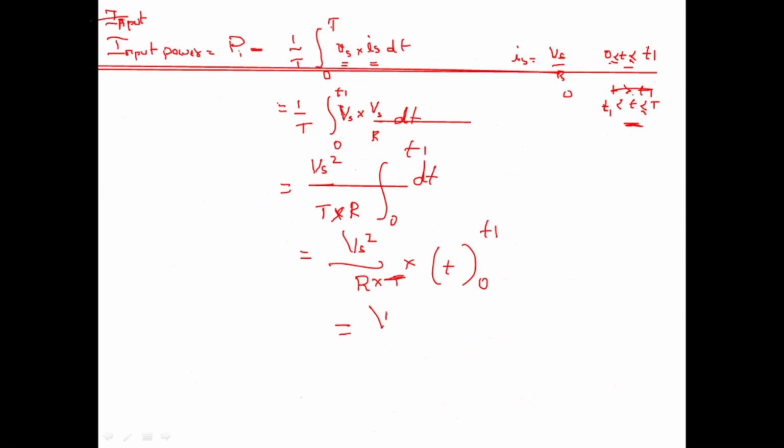So Vs squared by R, then 0 to t1. Here t is there, this is t1. So again it is Vs squared by R, t1 by t. What is t1 by t?